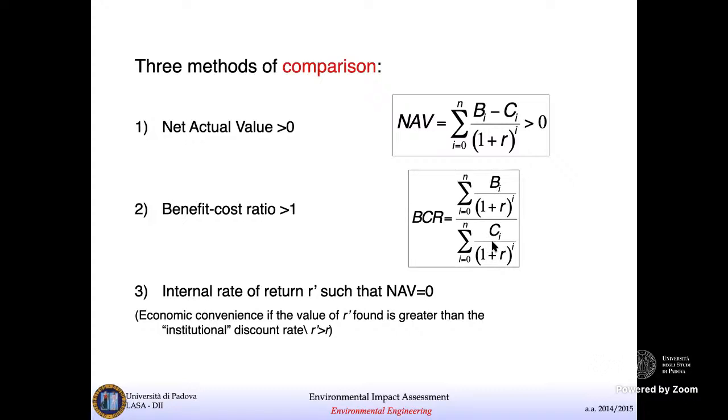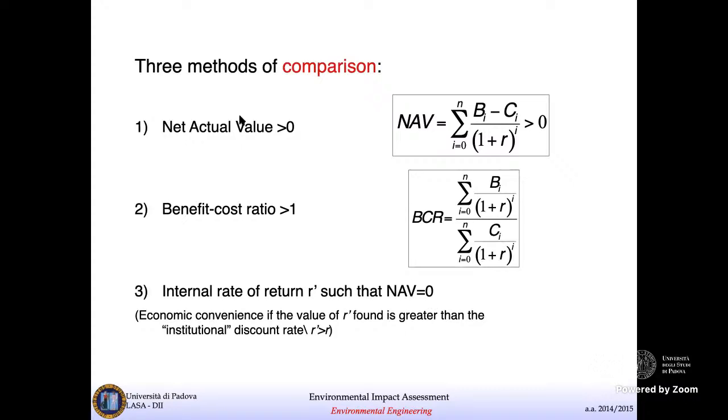So for each year of a project life, you calculate the ratio between benefit and costs, and you sum it along the overall duration of the project. The third one is the internal rate of return. We may call it R first, R tilde, such that the net actual value is equal to 0.